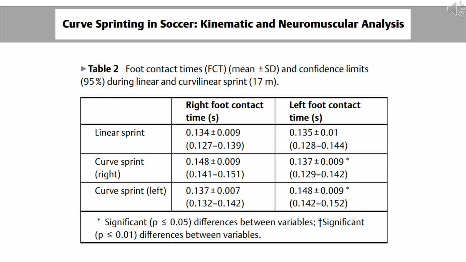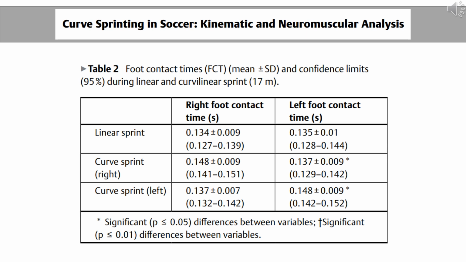In fact, the outside leg's ground contact time is very, very similar to when I'm running in a straight line. But my inside leg is having to spend a great deal more time on the floor, ultimately applying braking forces to some degree in comparison to the outside leg. And those braking forces are needed in order to maintain that arc or that curve.